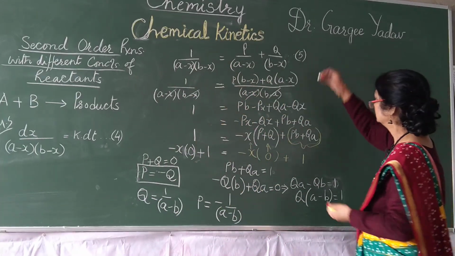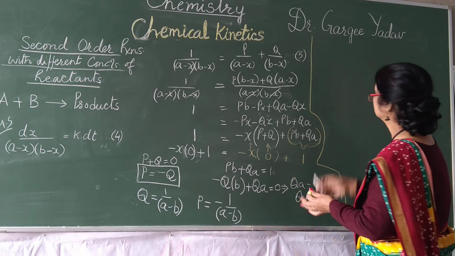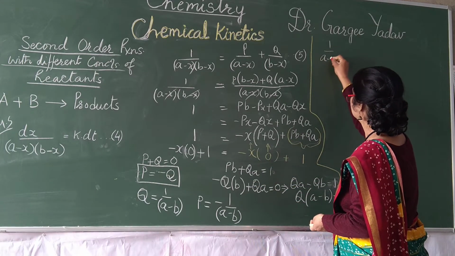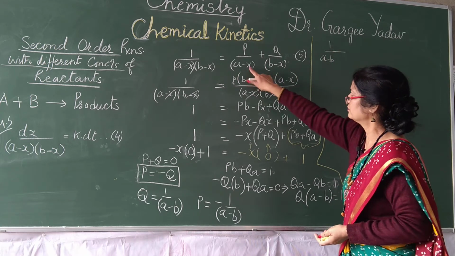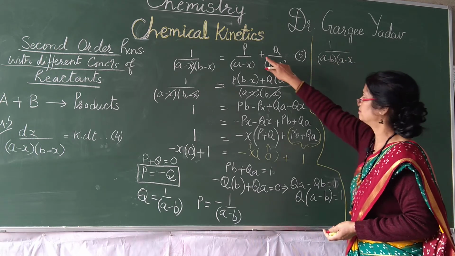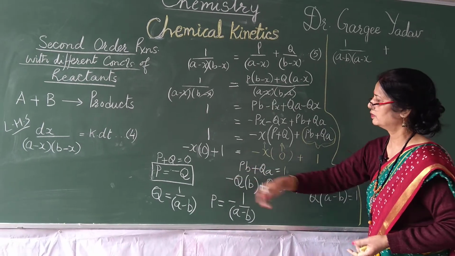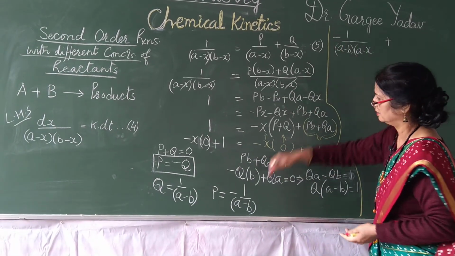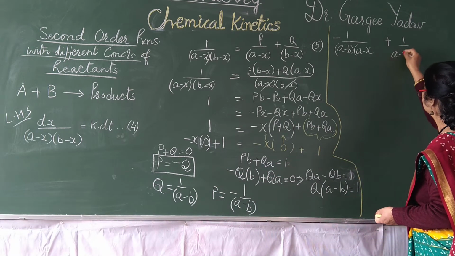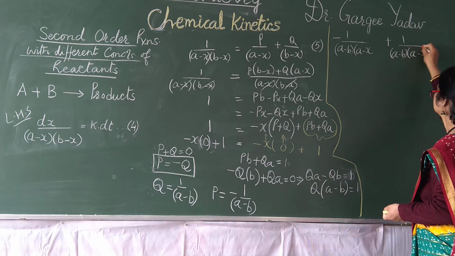So we have, let me make a boundary, the value of p is minus 1 upon a minus b, multiplied by b minus x over here, and then we have this plus sign, and q is 1 upon a minus b, so it will be 1 upon a minus b multiplied by a minus x.